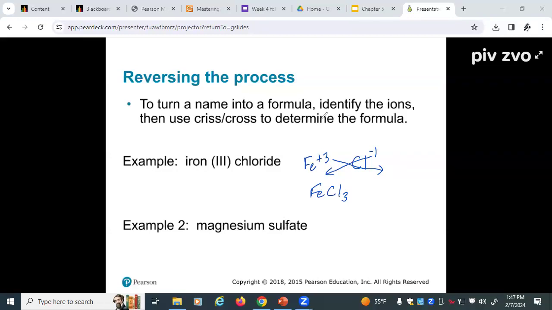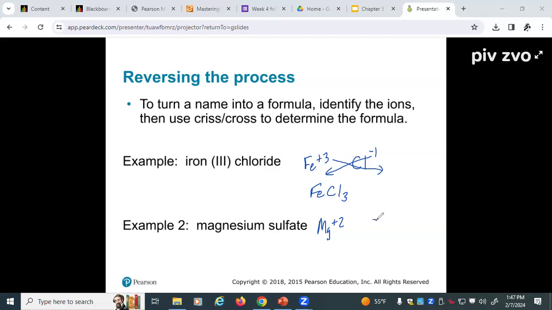For magnesium sulfate, I looked at the periodic table. Magnesium, +2 in charge. It is not a transition metal, so I don't need to worry about a Roman numeral. And the fact that I wasn't given a Roman numeral tells me that it doesn't have other charges to consider. I go directly to the periodic table to figure out what its charge is.